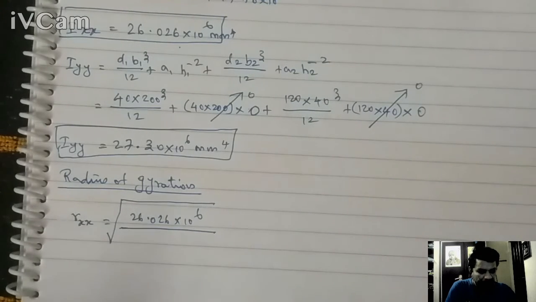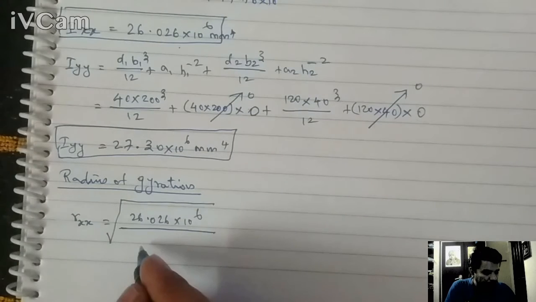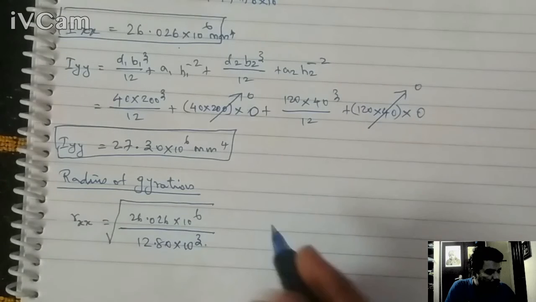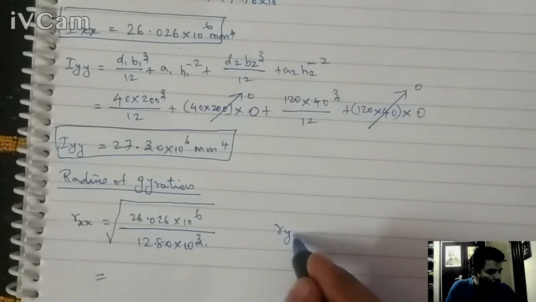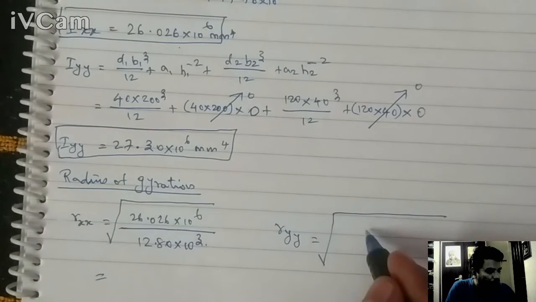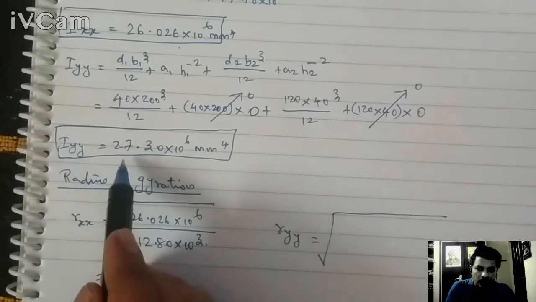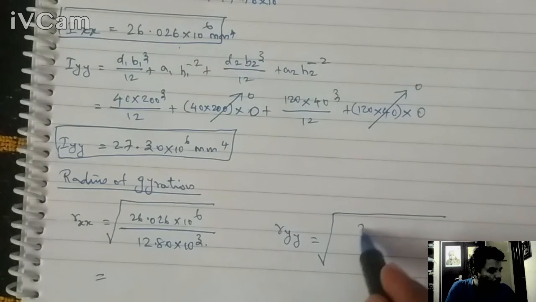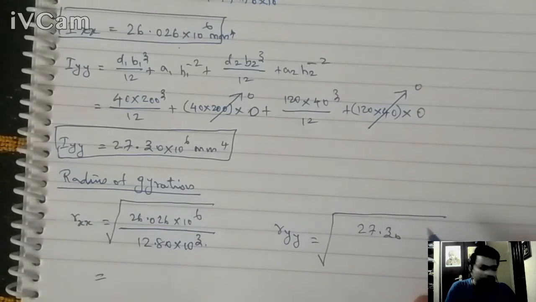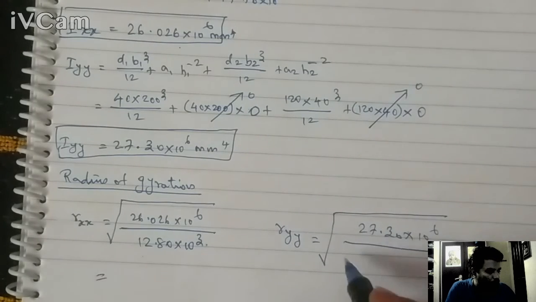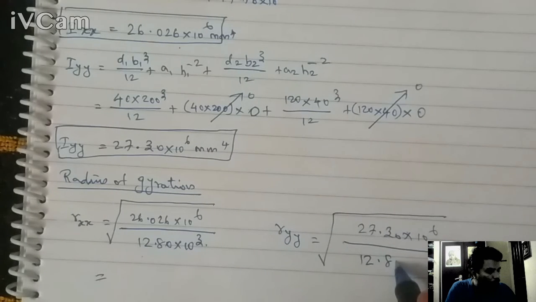So the total area is 12.80 into 10 power 3. Similarly, ryy is equal to root of Iyy divided by total area. So Iyy is 27.030 into 10 power 6 divided by, you can use the same area, 12.80 into 10 power 3.